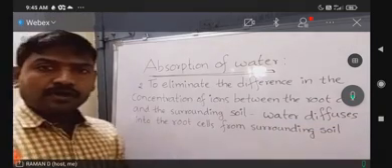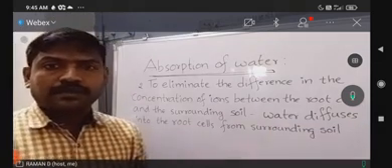So now water is absorbed into the root cells.